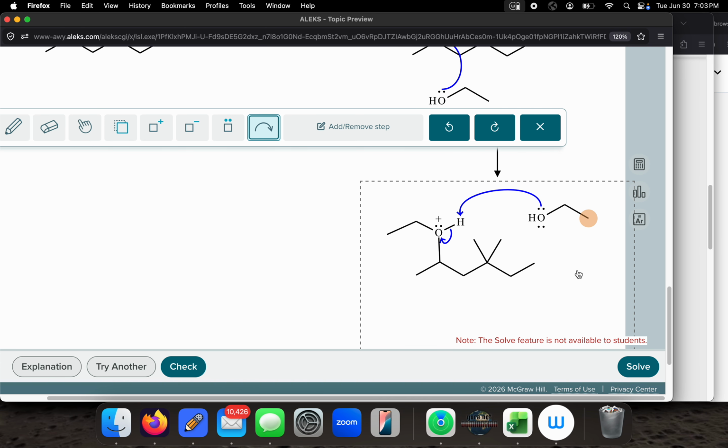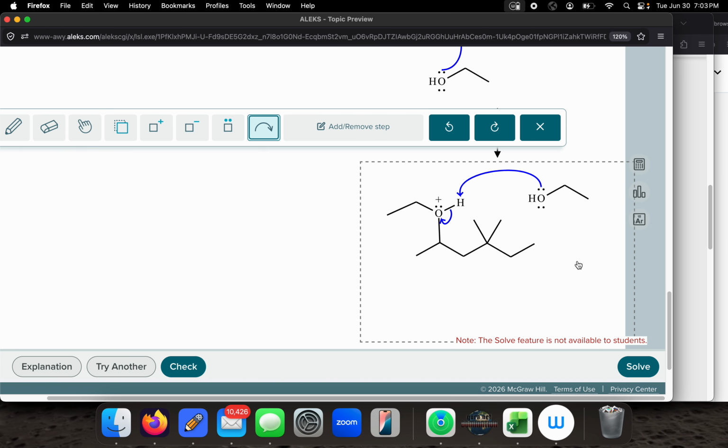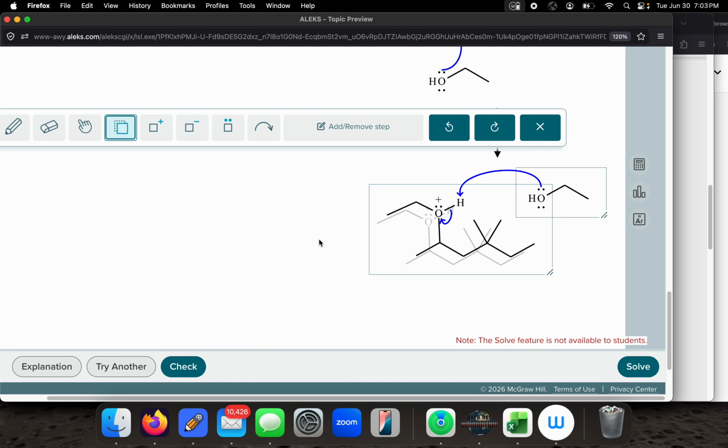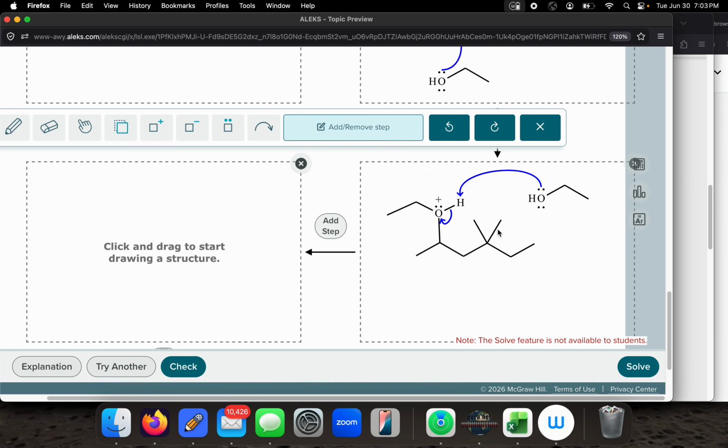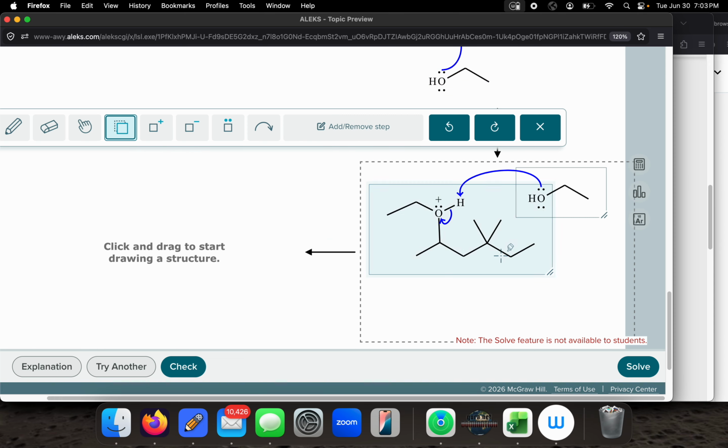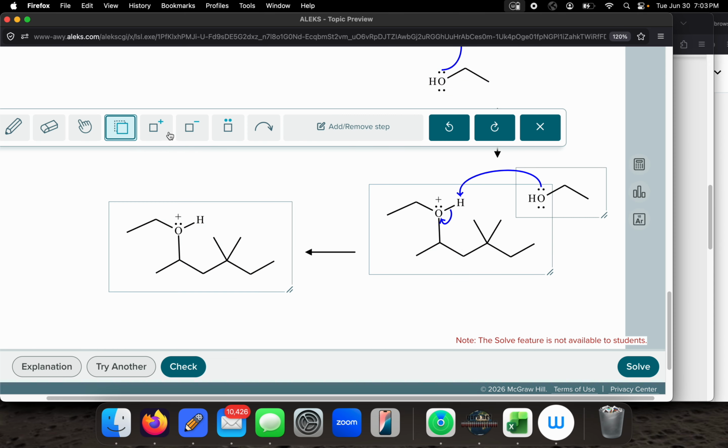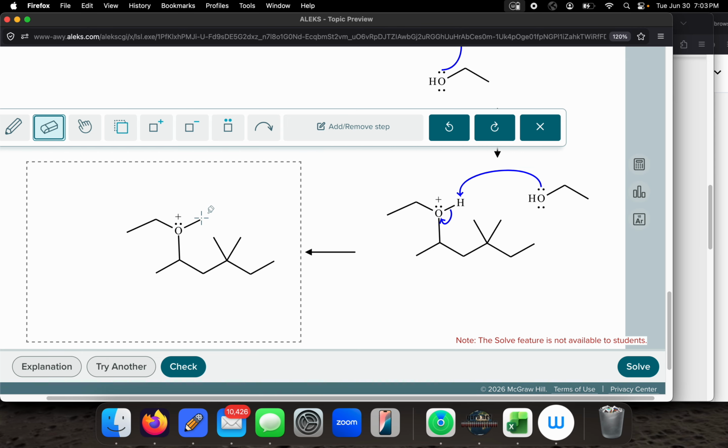And that goes there. Okay. Better add a step. Boom. Over here. Boom. Boom. This is now gone. That's gone. That's gone. Another one pair of electrons on here.